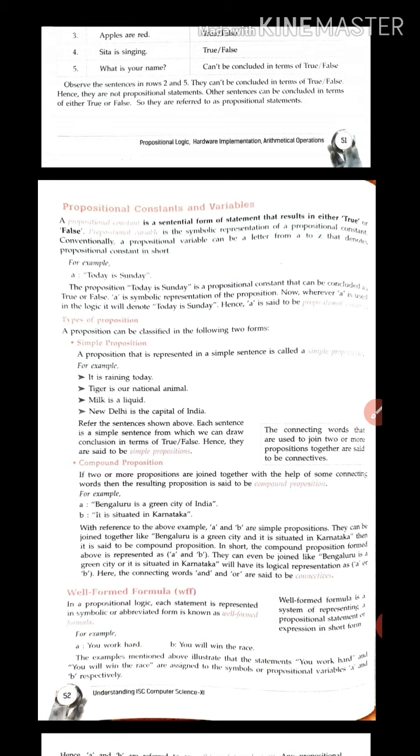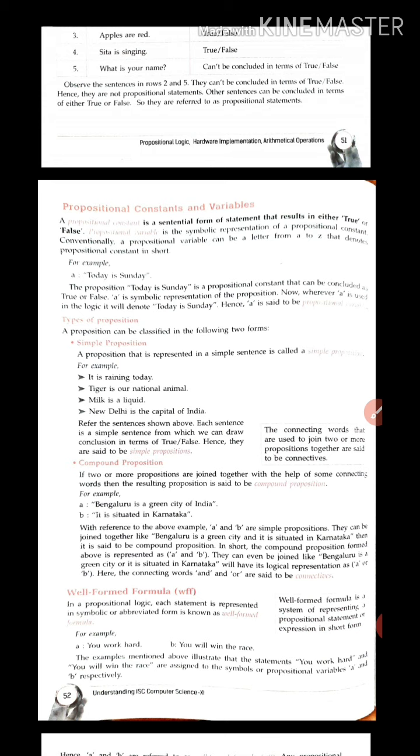If we want a variable, if we want a constant, then we can use it with the sentence. How we are going to use it, I'm going to tell you now. First of all, propositional constant.